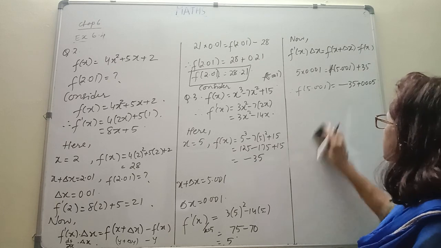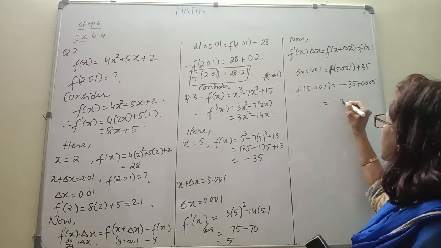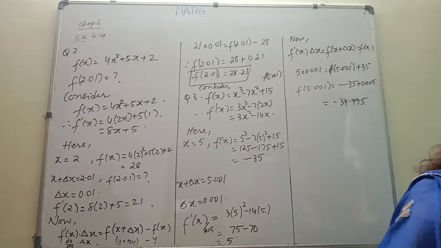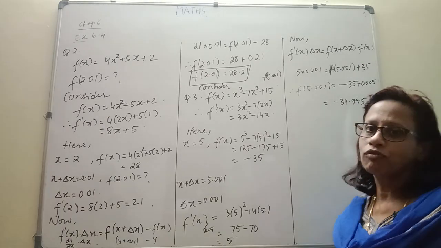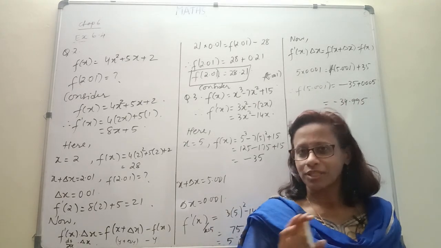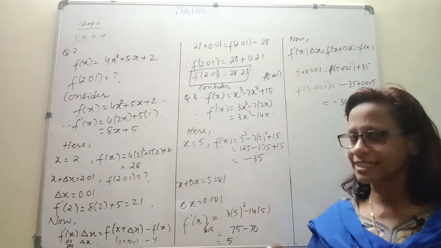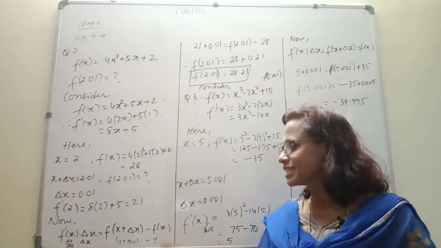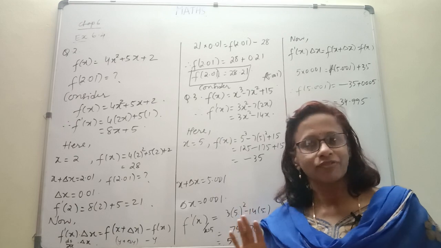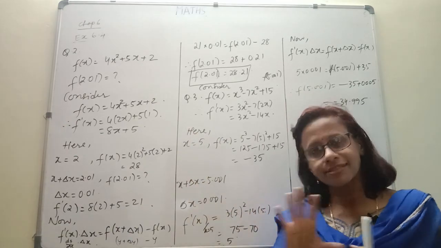So your answer is minus 34.995. That's the value of f of 5.001. Very easy and very convenient. Once you're okay with this relation, then things are really easy. So it's just that same relation that we're catching hold of, only we are replacing it by f. That's all. Everything else is just like before.